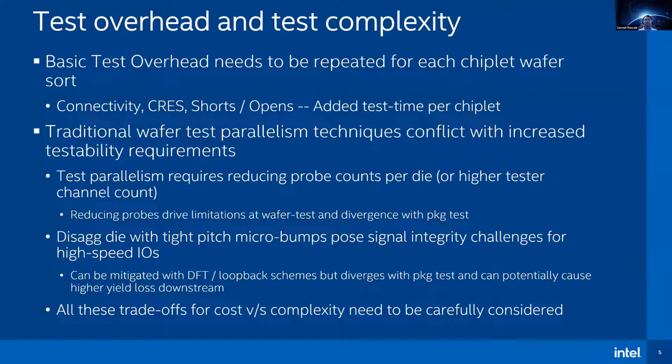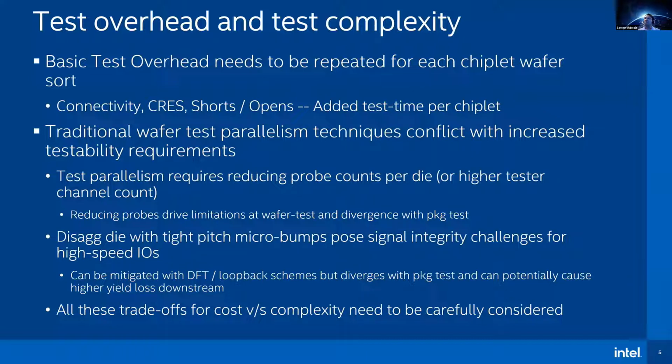You're limited by the frequencies you can test. You're limited by the data rates because of the signal integrity issues. And so you may not match what you would need to do in final package test. And that causes potential yield loss downstream in your final test socket, and again, is a cost adder, complexity adder for disaggregated products.